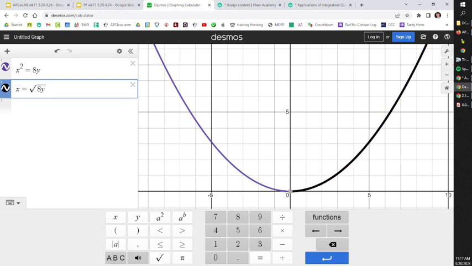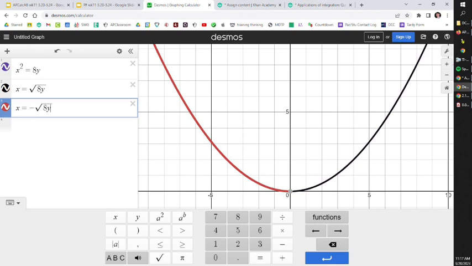All right, look at that. You see how that's just this side? That's the positive side. So if we write x equals negative square root of 8y, that's the other side. So this side is the positive, this side is the negative.